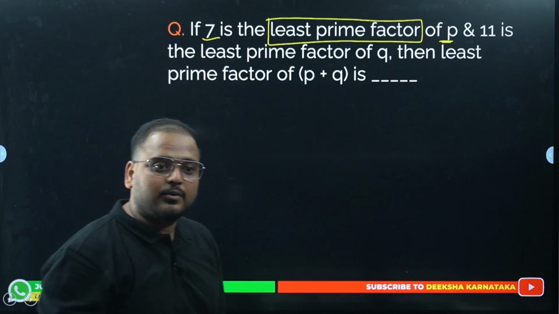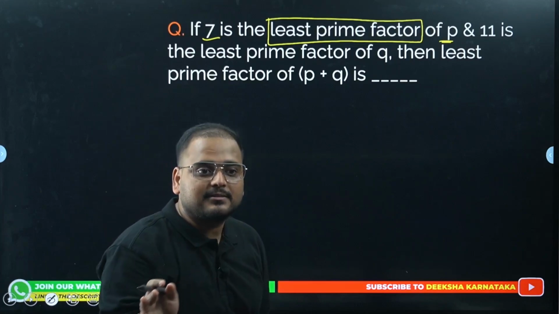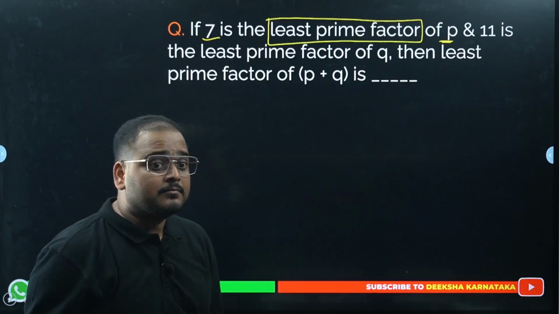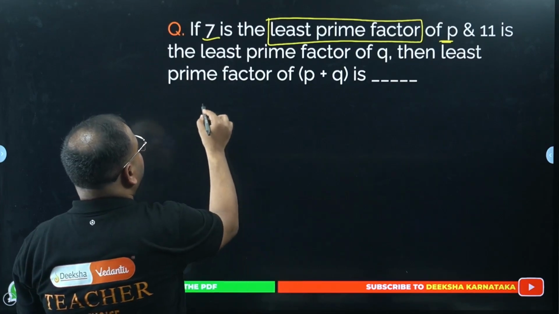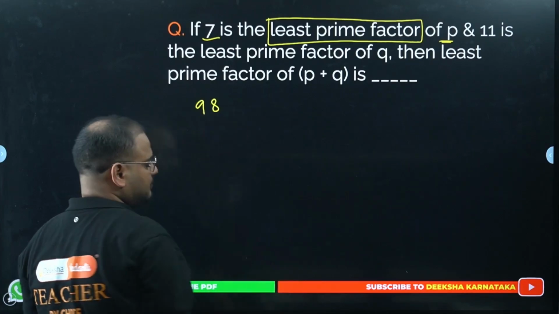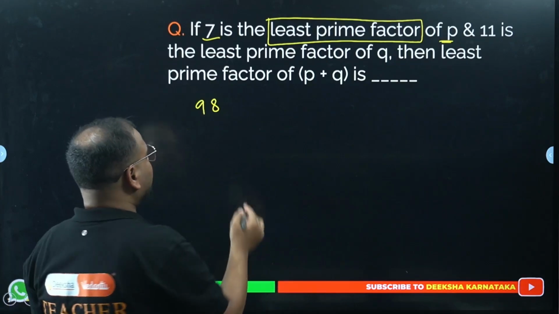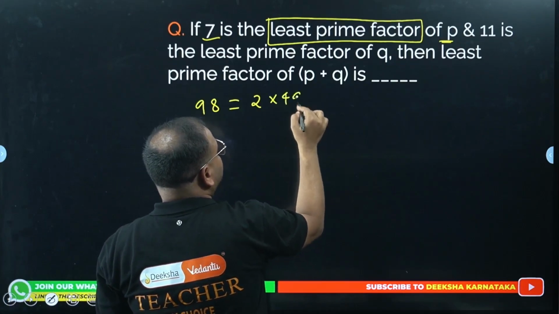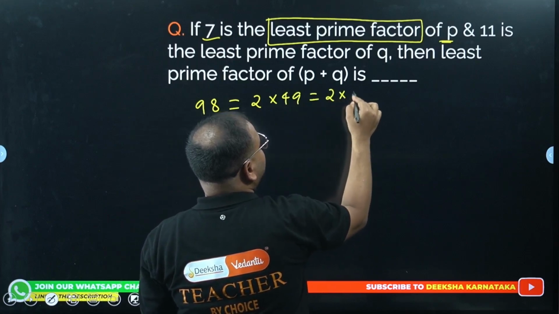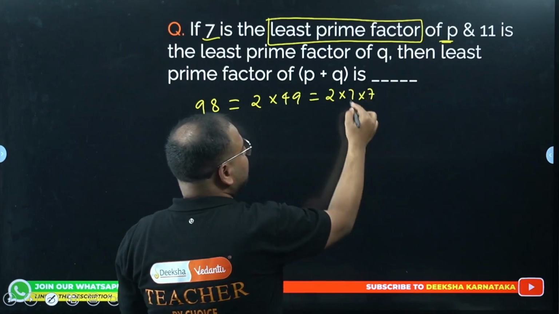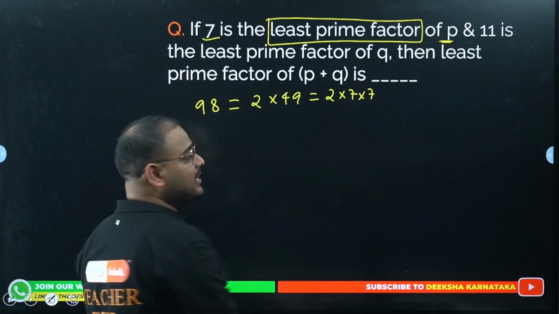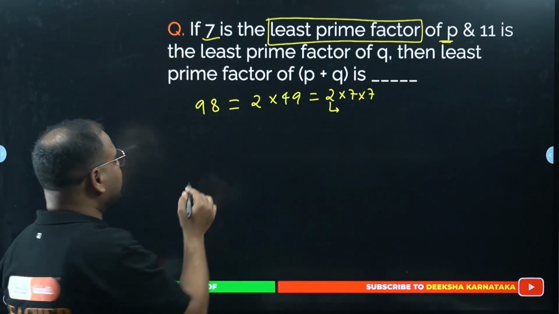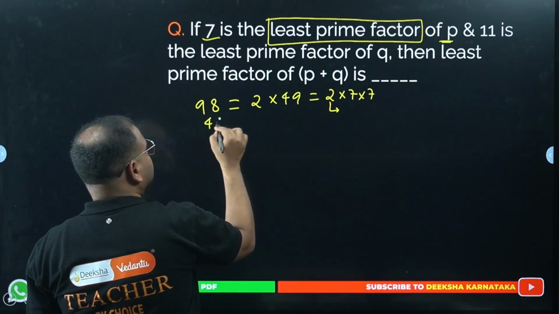So we know what is prime factor, no? Any number can be written in the form of prime factor multiplications. Least prime factor means what? I can take a number 98. What's the least prime factor of 98? 2 into 49. So 2 into 7 into 7. All of them are prime only. What least is? 2. Take 49. Just 49.